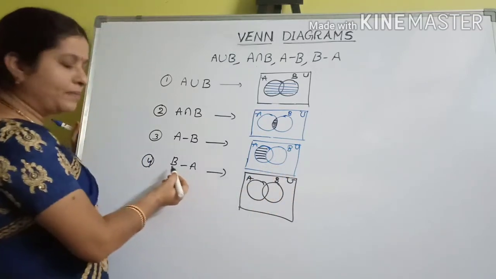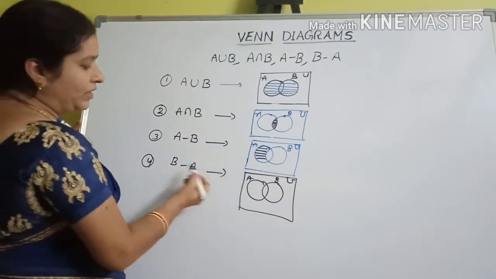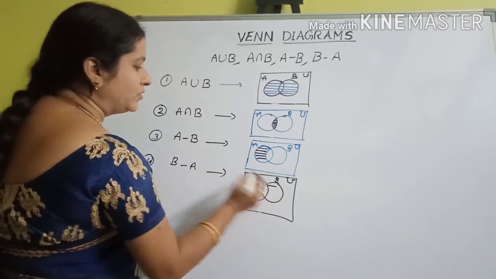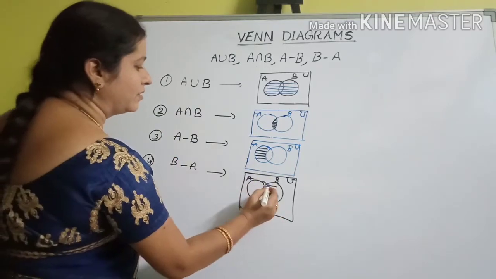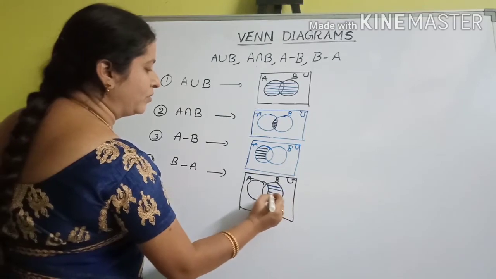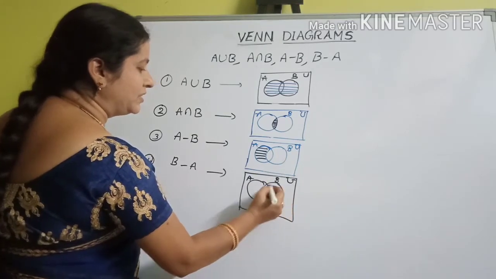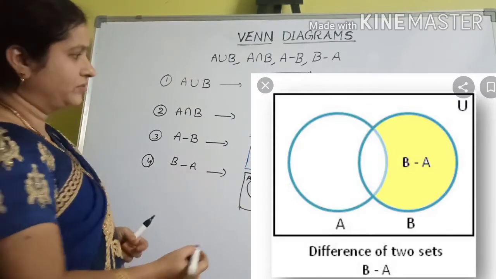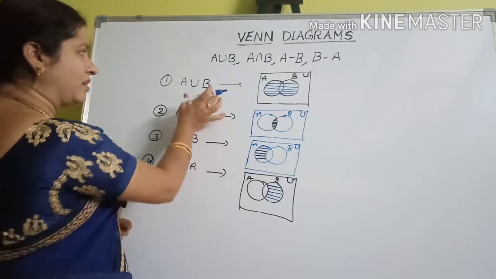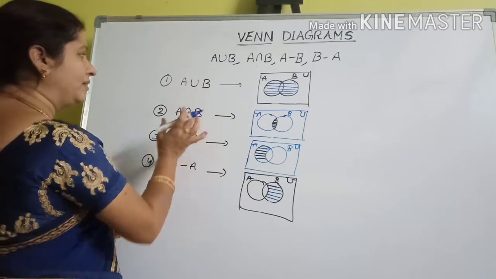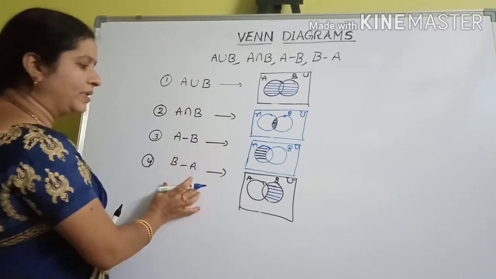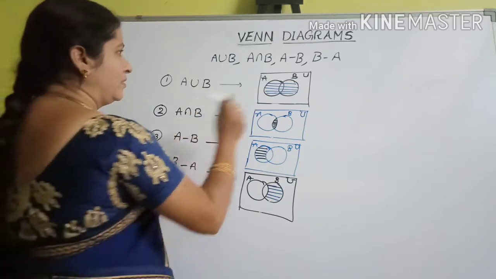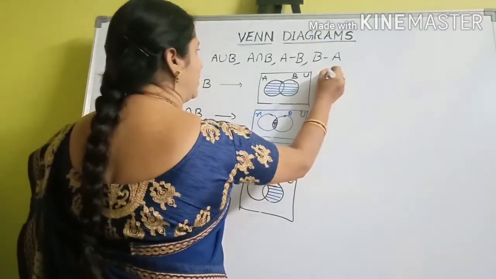So B minus A means the only elements in B. So the only part in B, this part belongs to only B. So the shaded region represents B minus A. So these are the four Venn diagrams of A union B, A intersection B, A minus B and B minus A. Again, two Venn diagrams are also important.